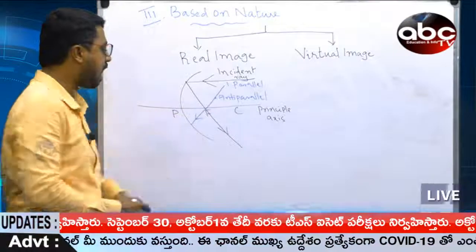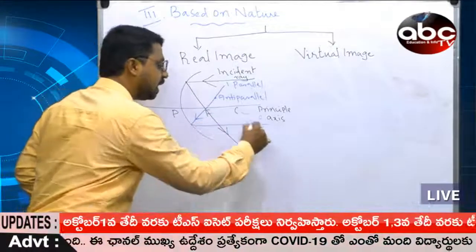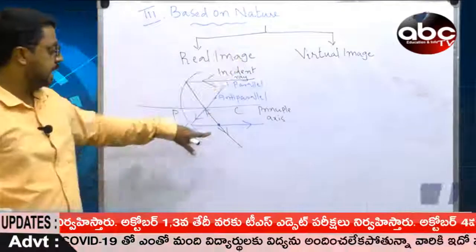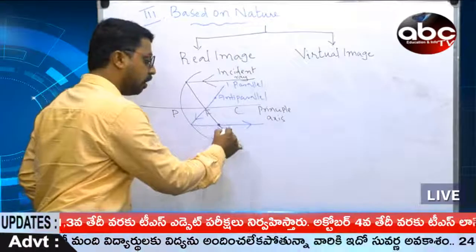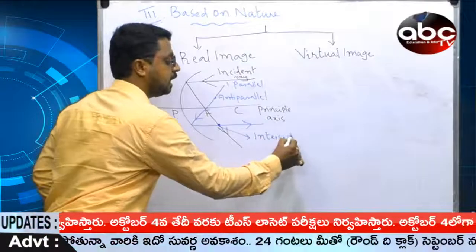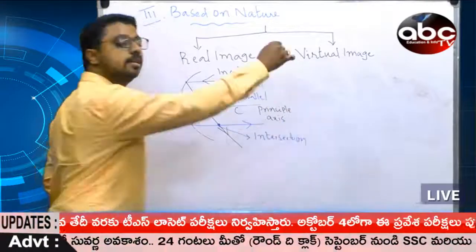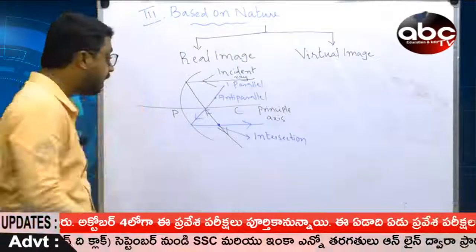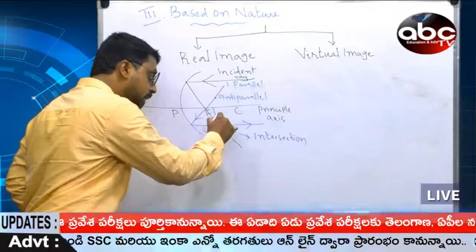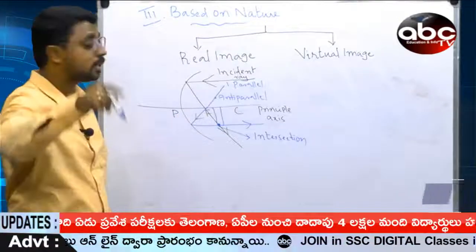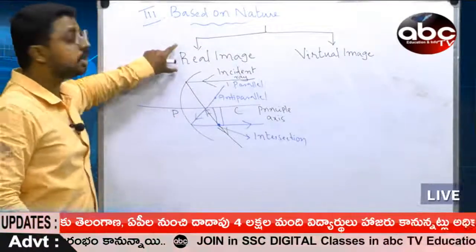These two are intersecting, or meeting, here. This point is called the intersection point, and here the image is obtained. That is nothing but, my dear friends, what is a real image?